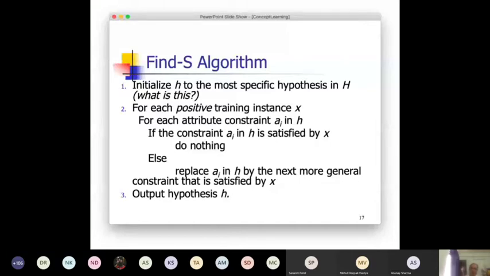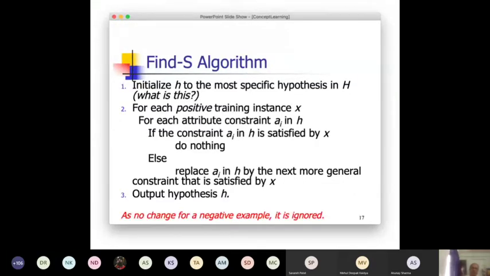Some of them may be explicitly provided, some of them may not be provided, but you assume they are negative examples. Now that is the kind of limitation of this algorithm, because from the generalization point of view, that fact is not there. So you might have considered them also positive. I mean, then also all these positive examples could have been satisfied. But no, this is the limitation of this algorithm.